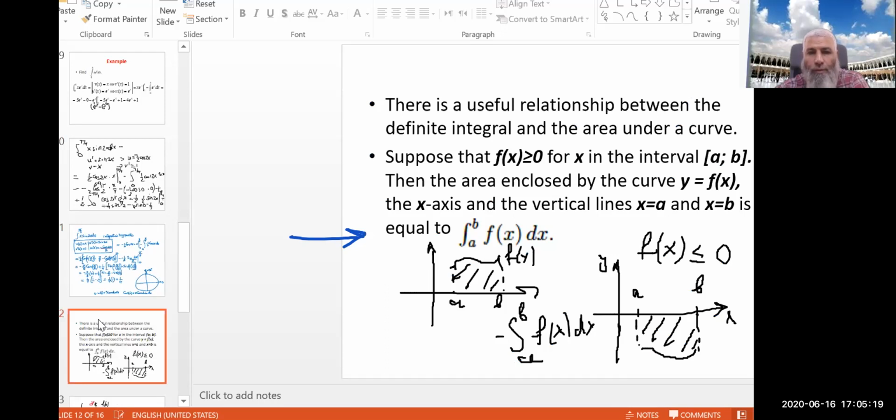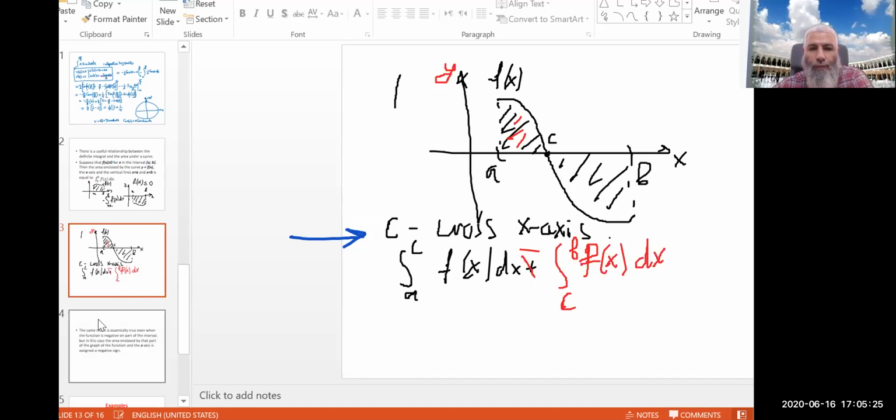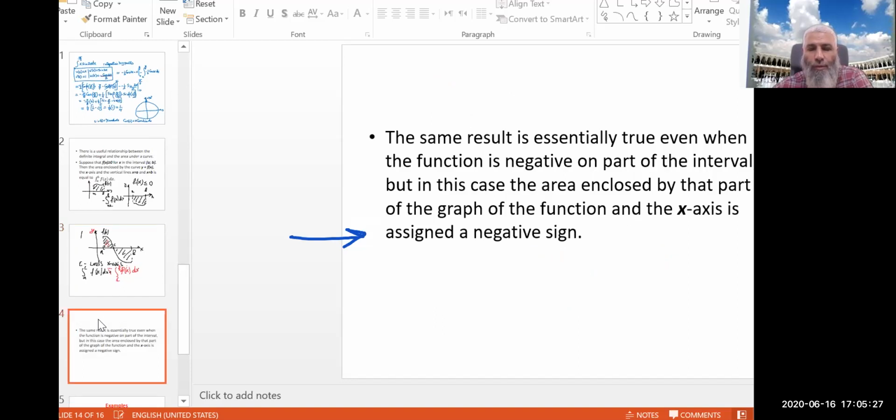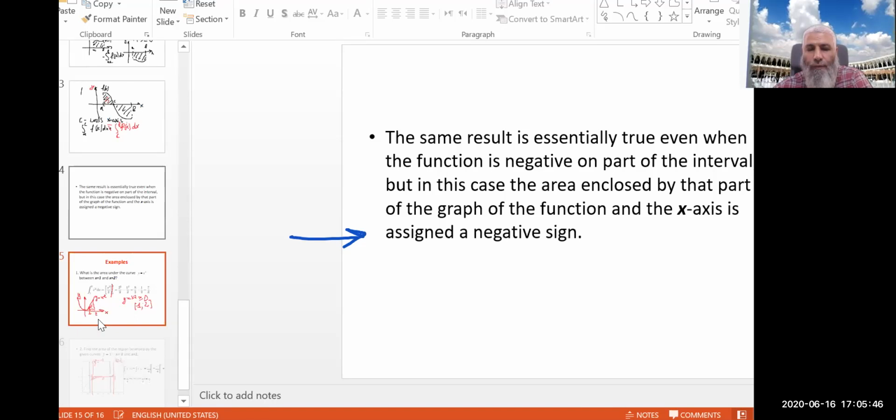Here, there is a useful relationship between the definite integral and the area. The area is a definite integration. The same result is essentially true even when the function is negative on part of the interval, but in this case, the area enclosed by that part of the graph of the function and the x-axis is assigned a negative sign.